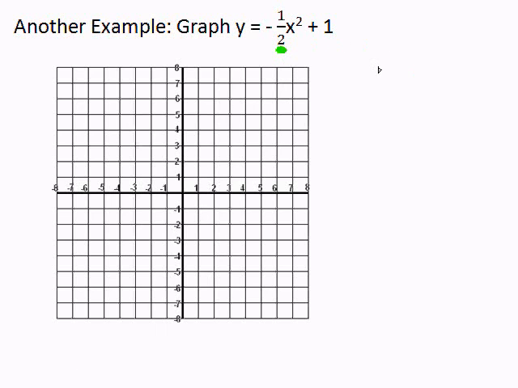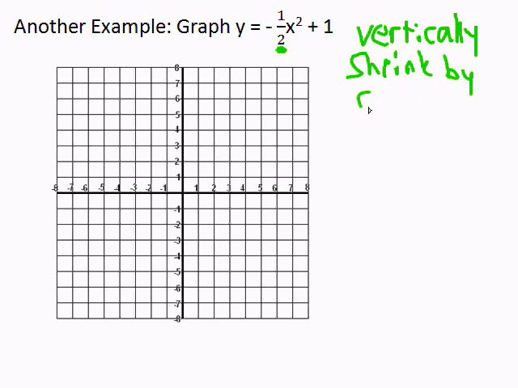So the 1/2 means we're going to vertically shrink all of our points by a factor of 1/2. That means we're going to make them 1/2 as tall. Now the negative means we're going to reflect, so I'm going to put an arrow next to that negative.